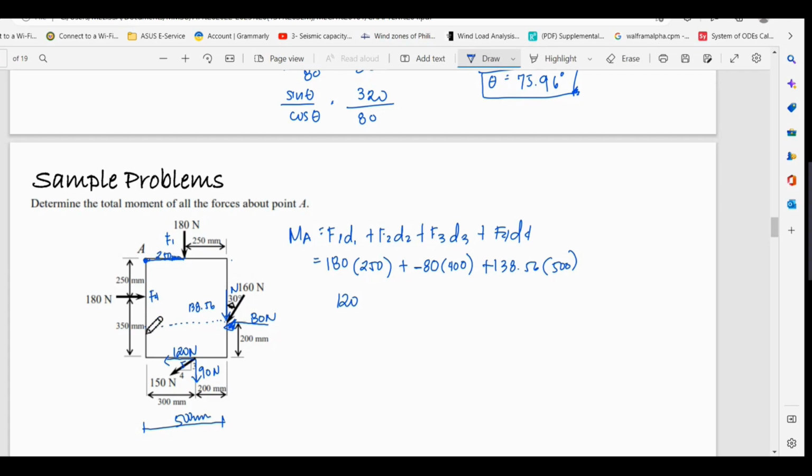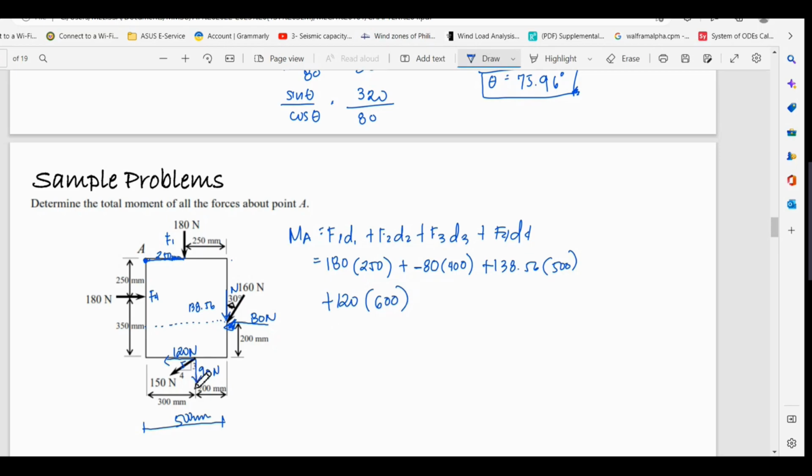This is it, and it is 600 millimeters. So when we push the 600 millimeters using our force of 120 Newton, our stick will rotate in a clockwise direction. So we have here positive 120.